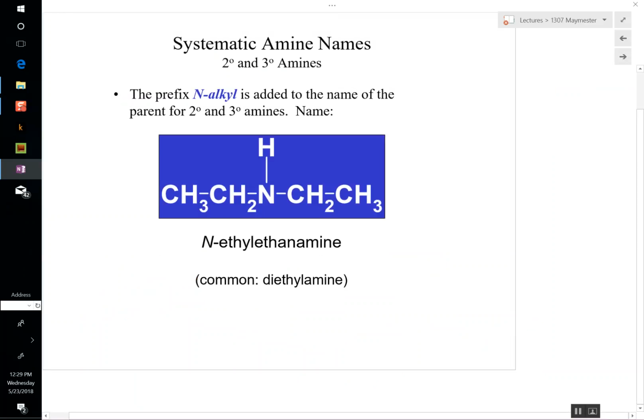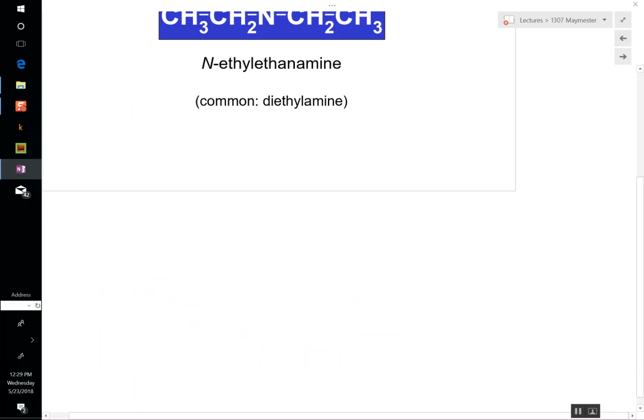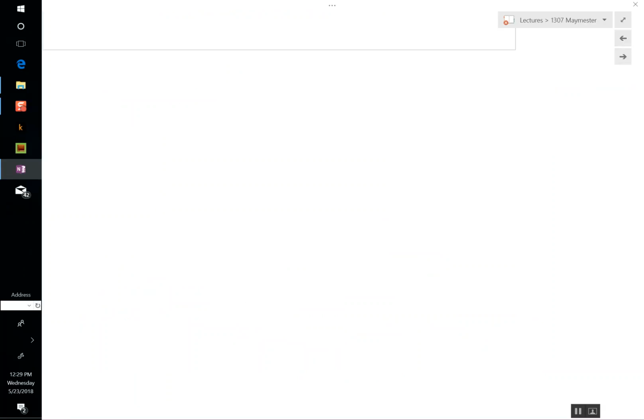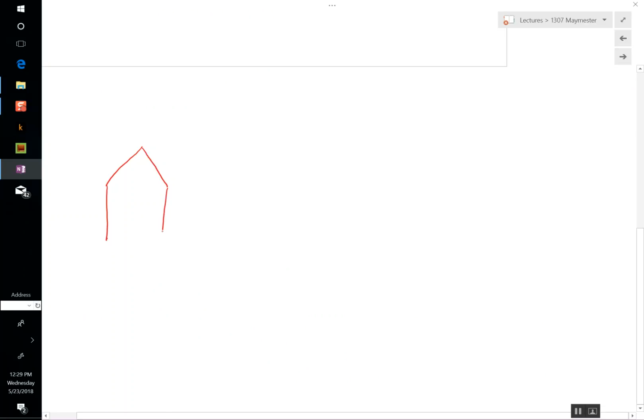Okay, now we'll learn how to use N, and I think the best way to look at this is to first introduce our aromatic amine. This should be a 3x5 card. Got a benzene ring, and we have an amine on it, and it is called aniline.